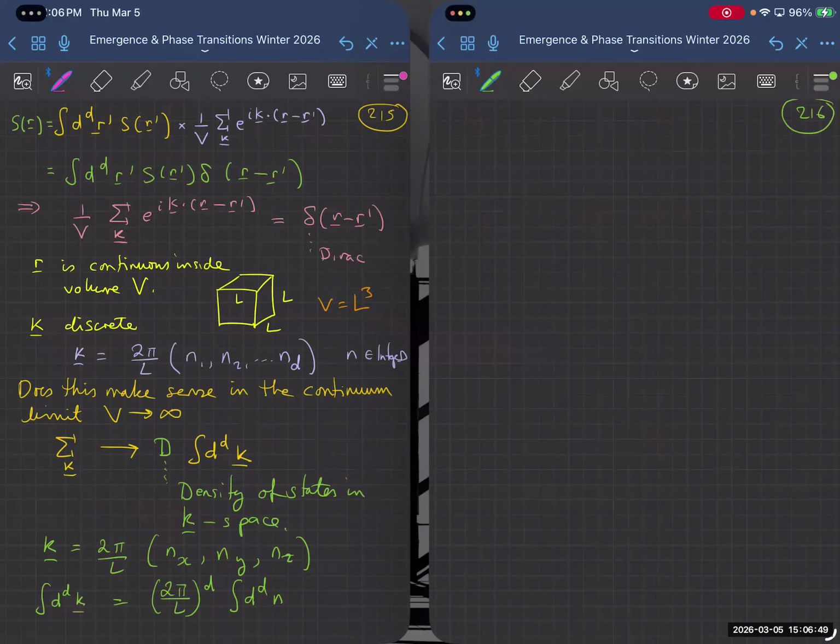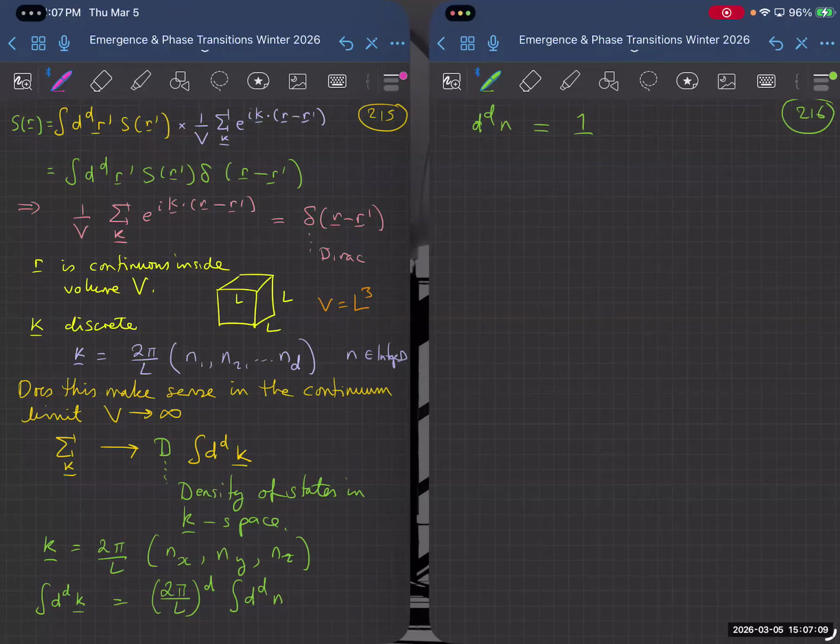The integral dn is just 1 in each dimension.